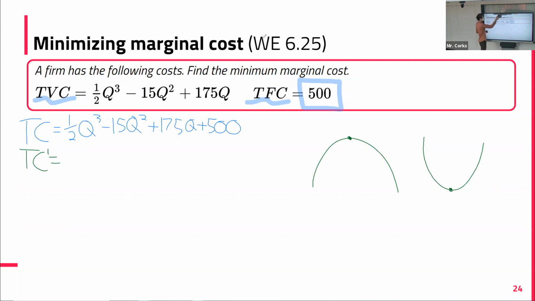Okay, but we have a cubic here. So there's a few different possibilities. There could be turning points or there could not be turning points. So let's just think about that first. So derivative of our total cost equation here is what? 3/2 Q squared.